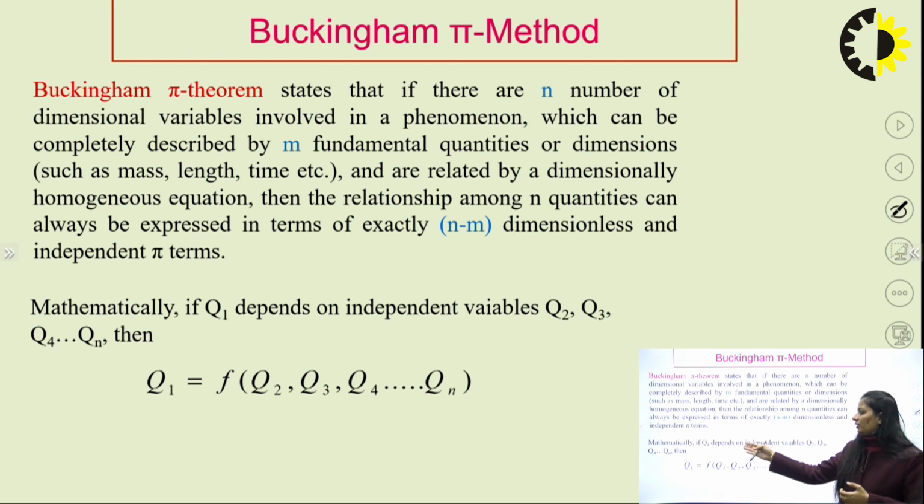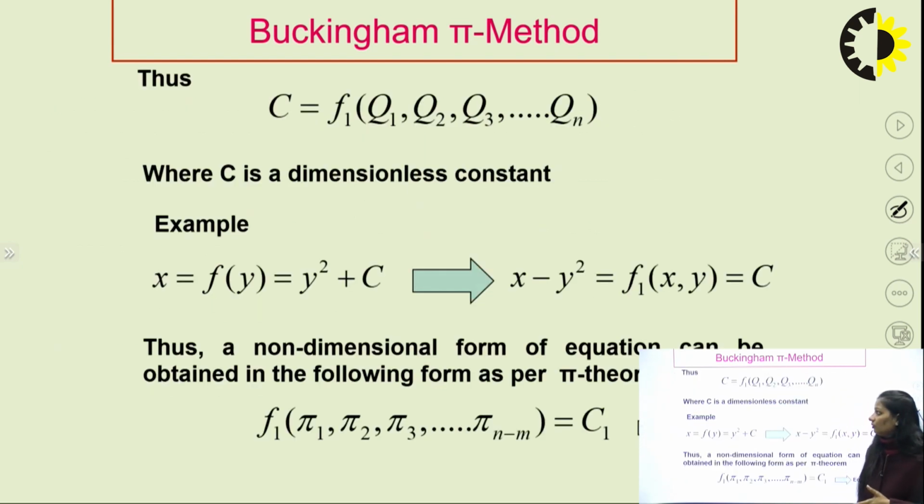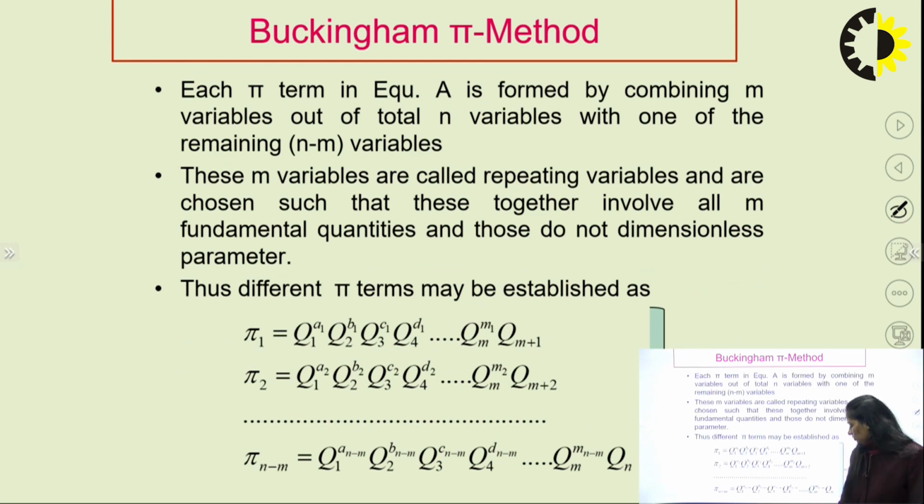Obviously, when we write mathematically, if q1 depends upon q2, q3, q4, up to qn, you can write the formula as q1 equal to a function of q2 to qn. Here c is a dimensionless constant, so we have formulated c equal to f1 of q2 to qn.